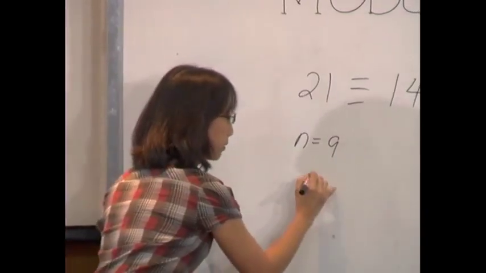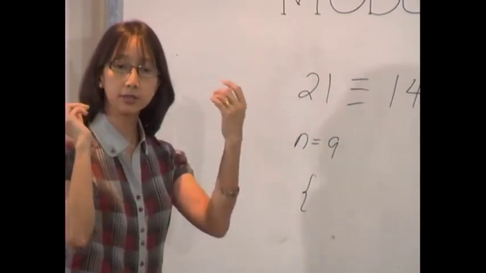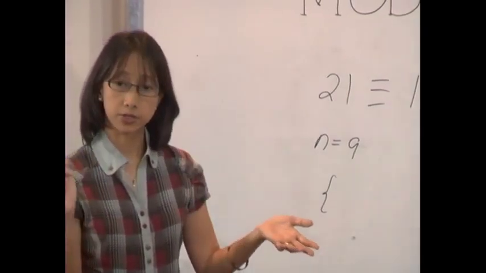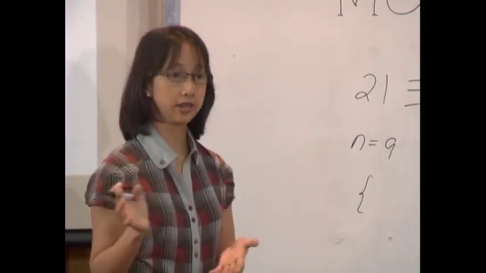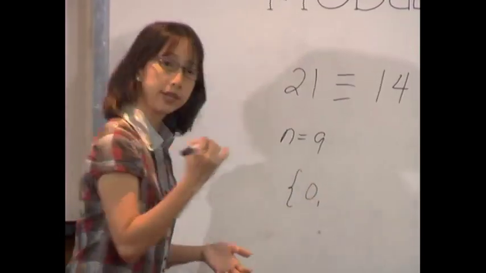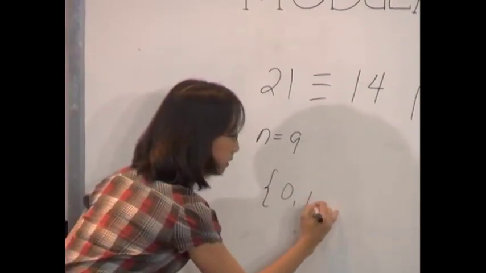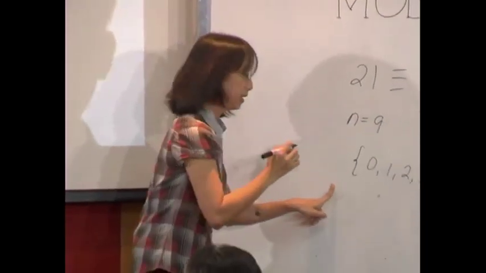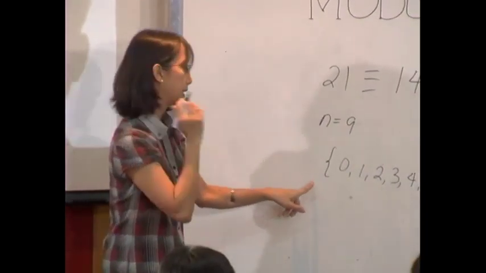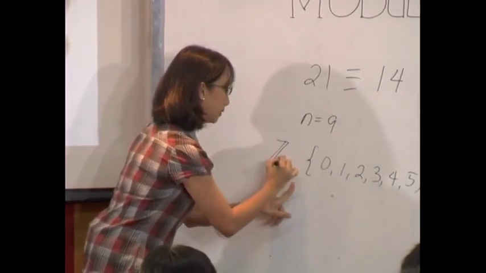Can we get 0? Okay, in that case, the number is exactly divisible by 9. So it can be 0. What else? It can be 1, 2, 3, 4, up to 8. Why not 9? So this is actually the set of remainders for division by 9, and this makes up our set Z9.